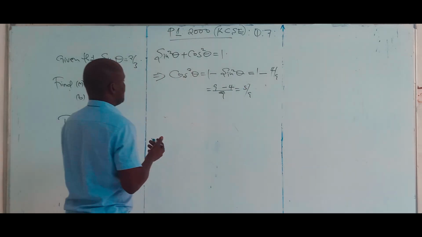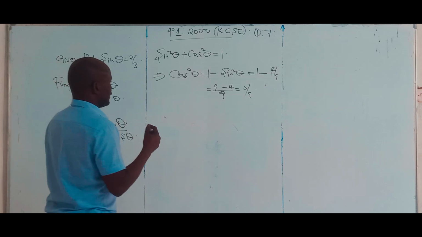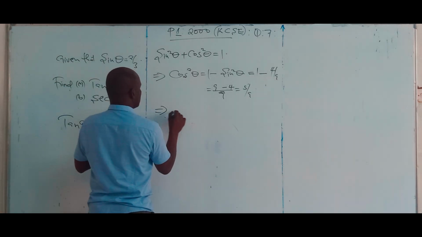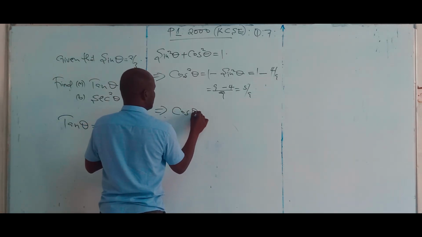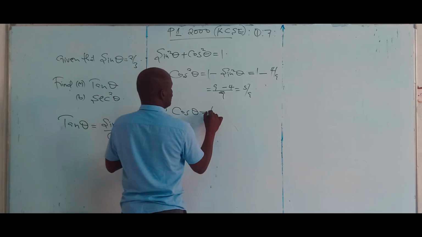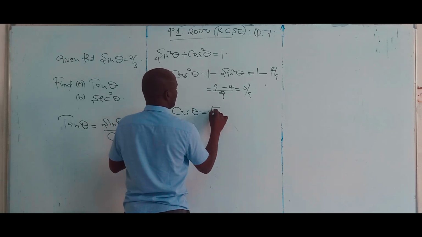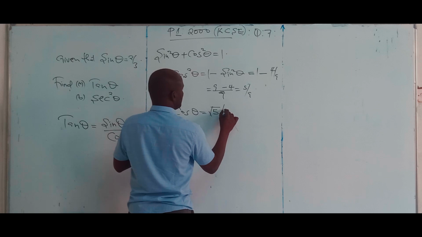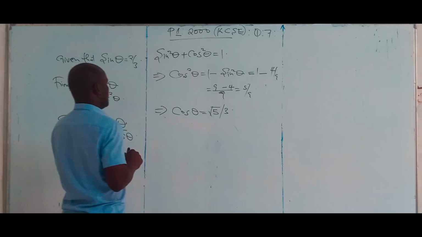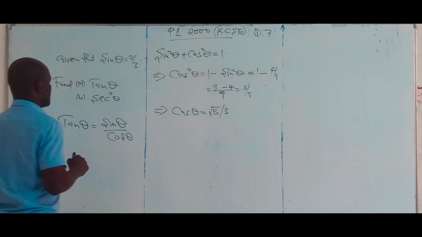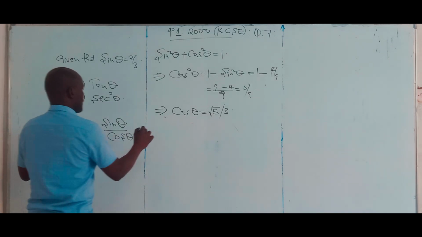So cos squared theta is 5/9. That implies that cos theta is √5 divided by 3.